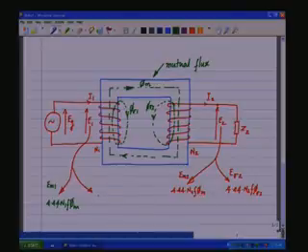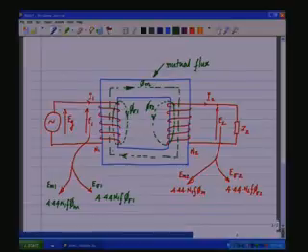And the other component, which is 4.44 N1 F phi sigma 1, is the voltage induced due to the leakage component of the flux, which is linking only N1 and not N2. So, these are the voltages that get induced due to the various fluxes.